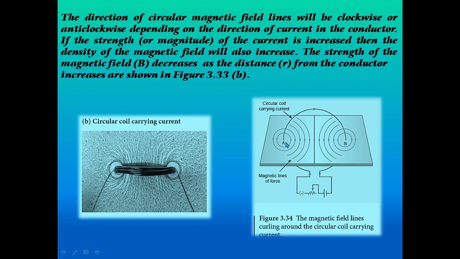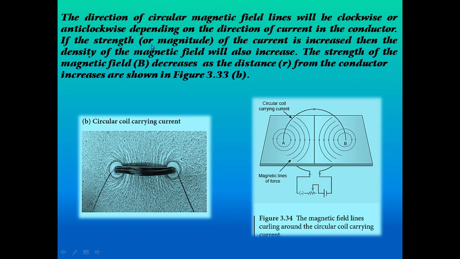Here, this is the outward direction of electric current, and on this side the current passes in the inward direction. Based on the direction of the current, the magnetic field lines will be clockwise or anti-clockwise.